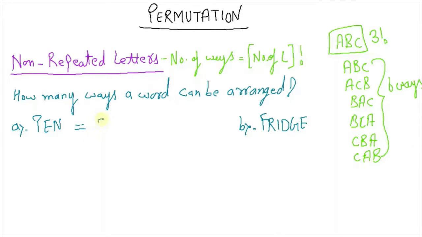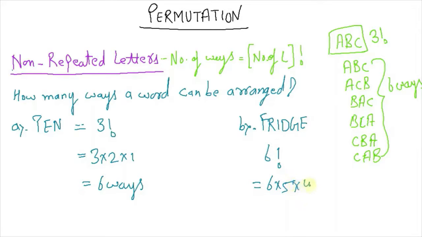It means that there are 3 factorial ways. 3 factorial means 3 into 2 into 1. It means 6 ways. Now in case of fridge, there are 6 letters and the answer will be 6 factorial. 6 factorial means 6 into 5 into 4 into 3 into 2 into 1, which is equal to 720 ways.